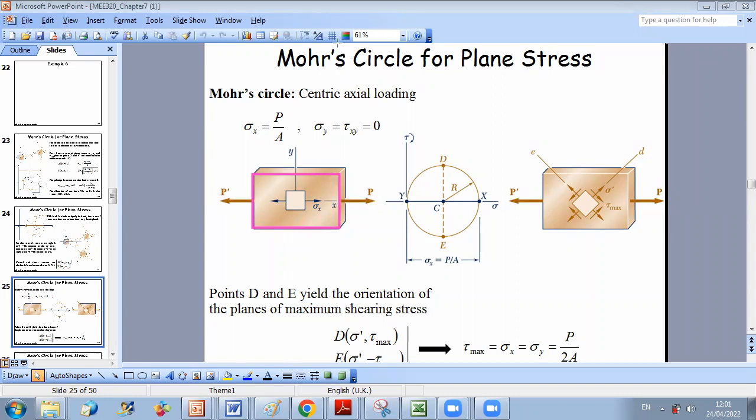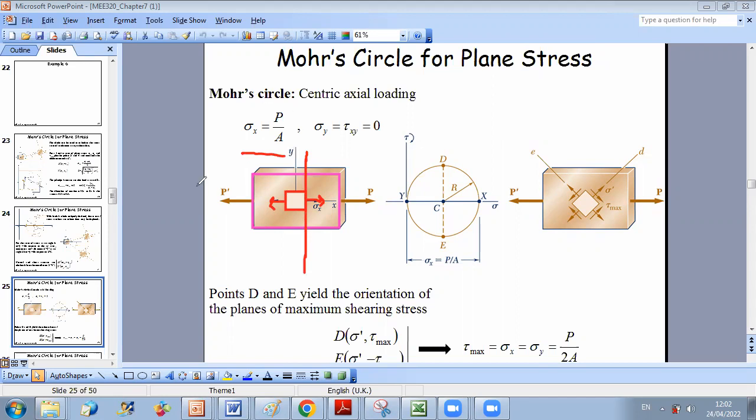So if I take in particular this element here, and I want to study the state of stress along this element, I can say that I only have normal stress created by force P. And this normal stress can be calculated if I do any section here. I have sigma x equal P over A.